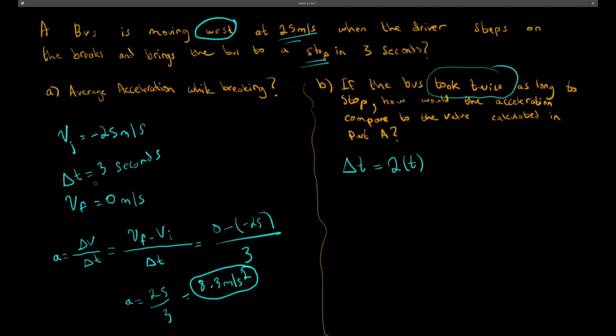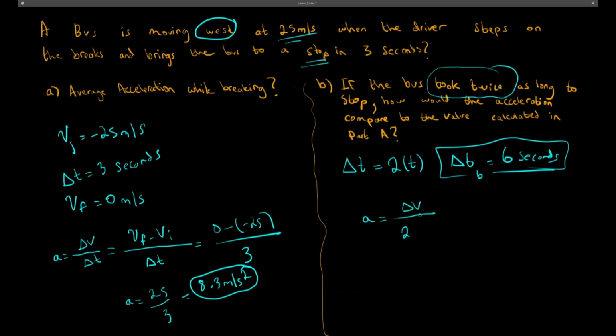We got 3 seconds here, so delta t of question B would be equal to 6 seconds. Now, knowing this, how about we substitute it into the formula of acceleration? We have delta v, and then we have 2, so twice as long delta t. How would the value of a be?